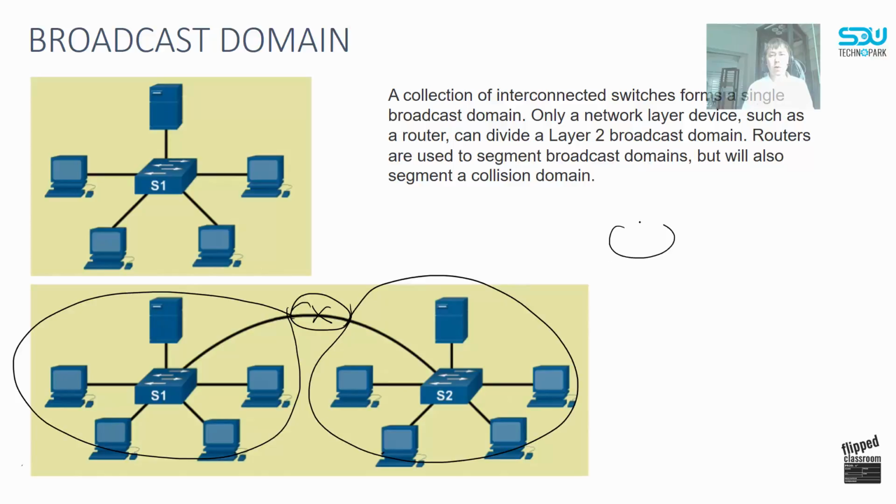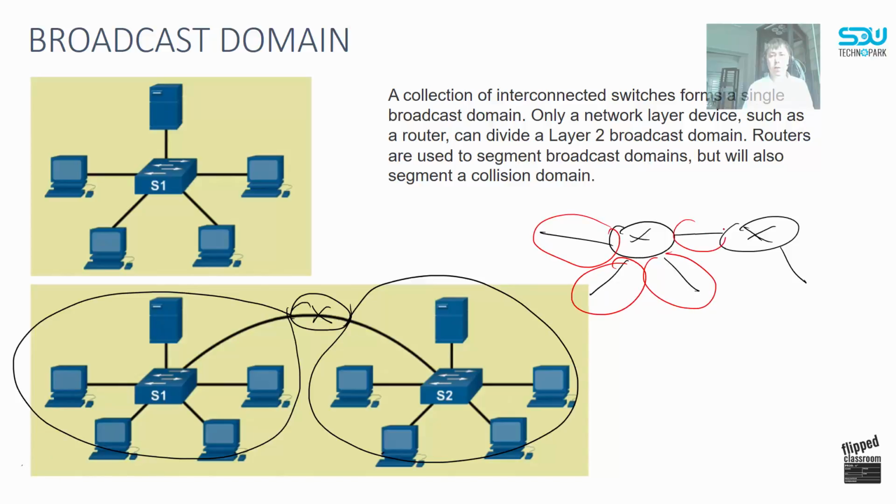And if you have such a topology and you are asked how many broadcast domains, you can just calculate it: 1, 2, 3, 4, 5. One broadcast domain will be shared between router 1 and router 2, the same as switch 1 and switch 2, which are connected with each other.